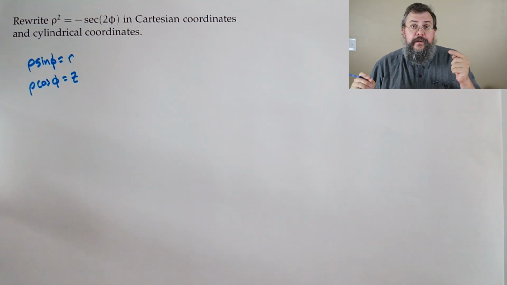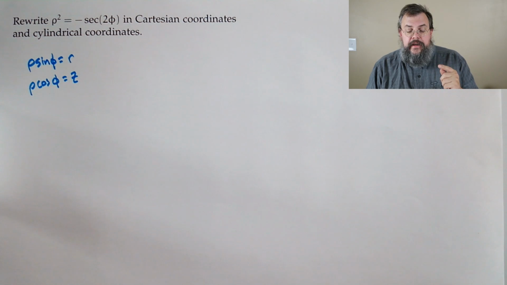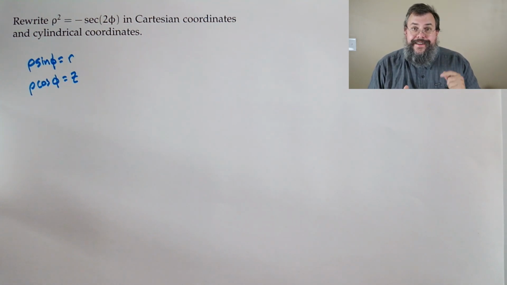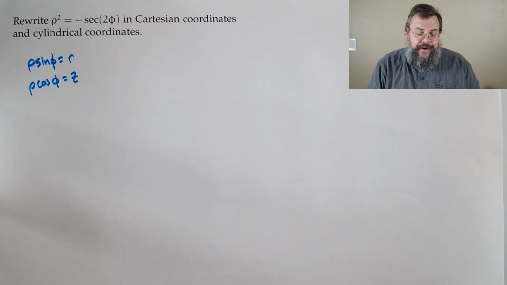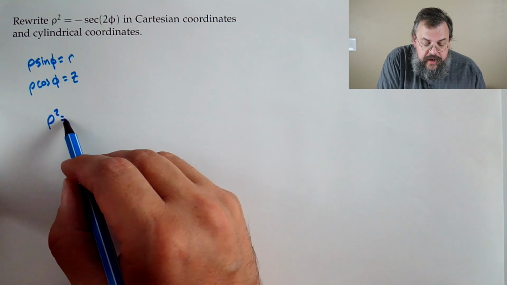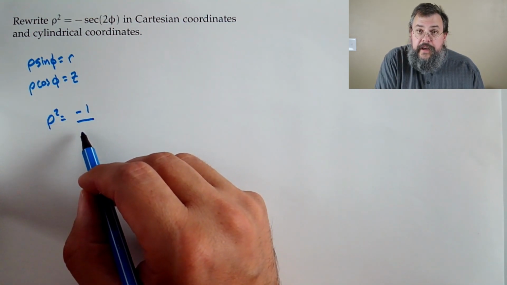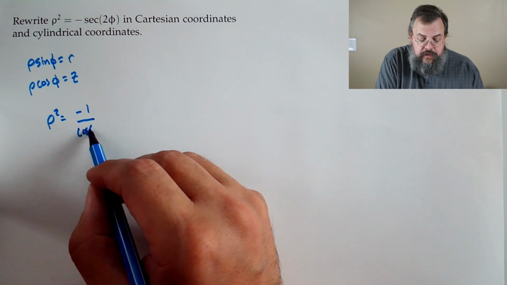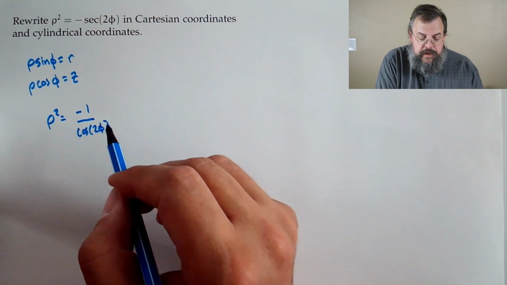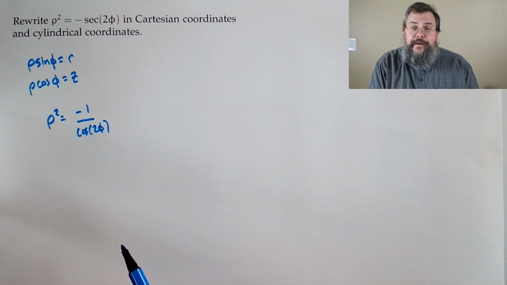Well, for us, the way we rewrite it is we can replace secant by 1 over cosine. Now that's good. Why is that great? Well, because we may not know how to handle secant double angle, but cosine double angle is great. So there we go. And not a big fan of fractions.